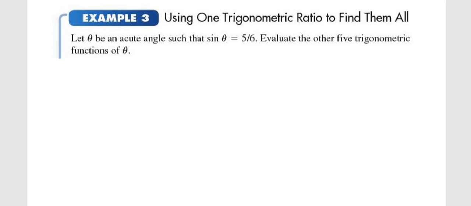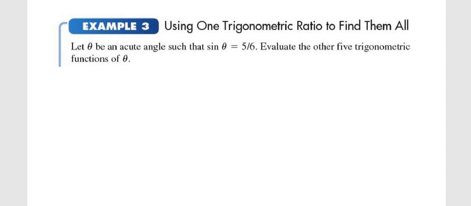Okay, so using one trigonometric ratio to find them all. Sounds like Lord of the Rings. So we've got some triangle, a right triangle. They have told you one of those sides is equal to 5.